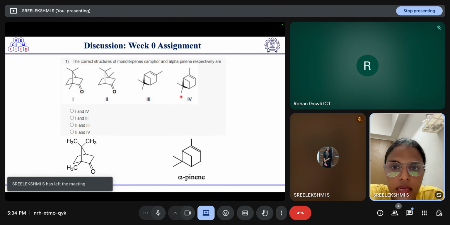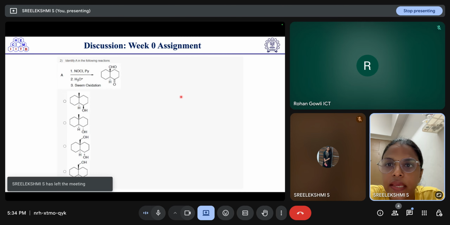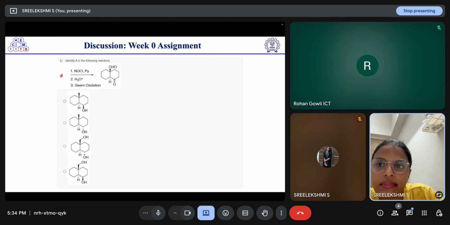Now the second question: identify A in the following reactions. Here we have to find which starting material can be used, when treating that compound with NOCl in pyridine, then H3O+, then Swern oxidation to get this compound. Out of these four options, which starting material can give this target molecule? I will give you some time.